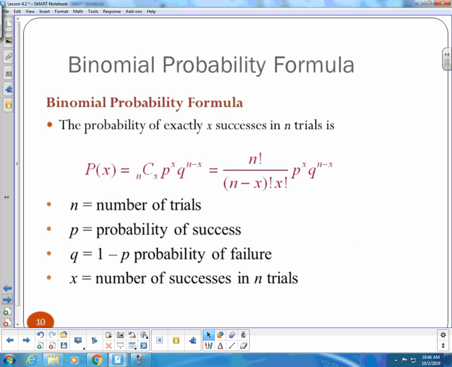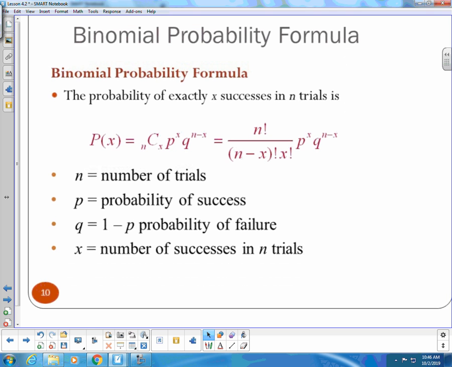The binomial probability formula. So this looks complicated, but it's really not. You have this combination, the nCx, because instead of the r, we're going to use an x. That's just the factorial formula for nCr. Okay?